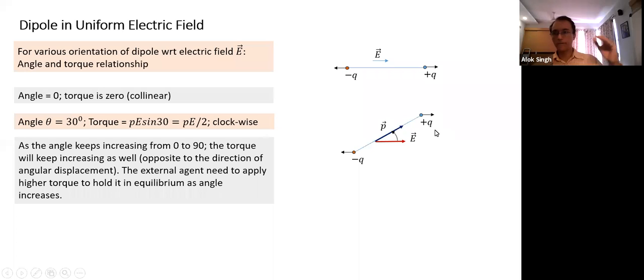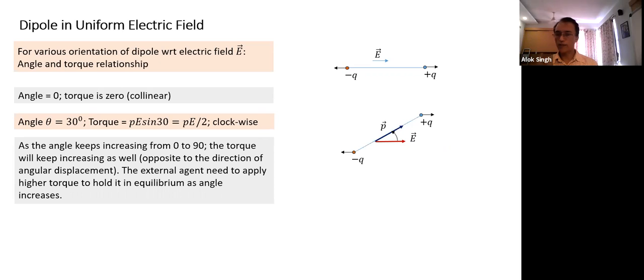No, it will rotate and come back to the earlier alignment. So to hold a dipole at a particular angle theta, we need to apply an external torque which is equal and opposite to the torque created by the electrostatic forces. So an external agent needs to apply a torque equal and opposite to the torque created by the electric field.